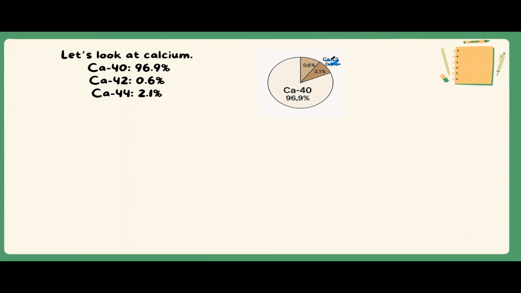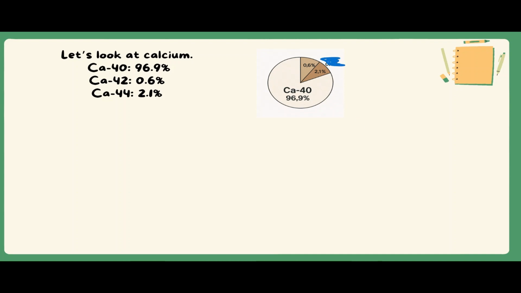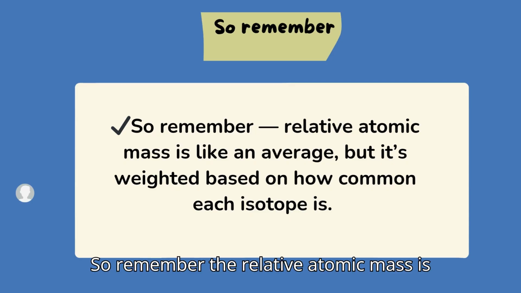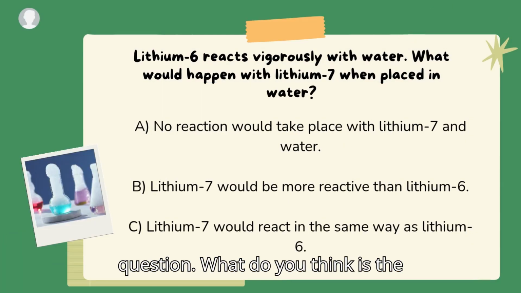Oopsie. Those ones added together. Yeah. So remember, the relative atomic mass is like an average or the mean, but it's weighted based on how common each isotope is.